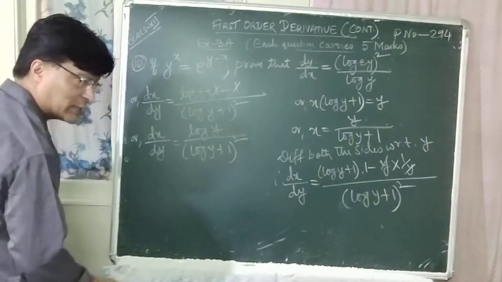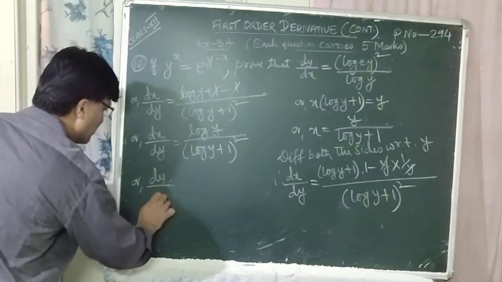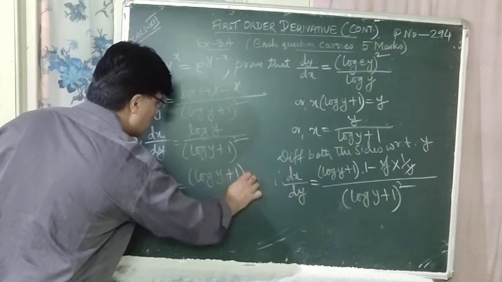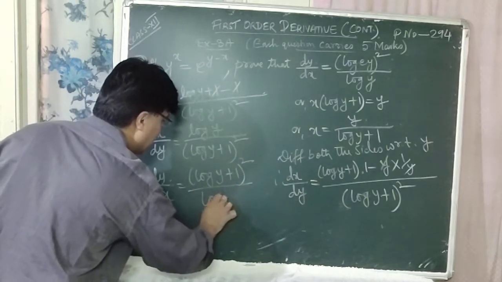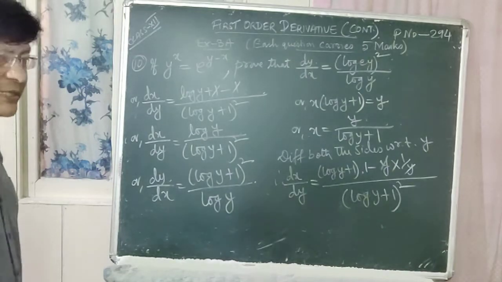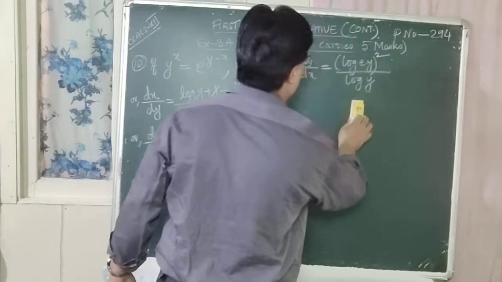Now you can invert both the sides. So inverting both the sides, what do we get? dy by dx is equal to log y plus 1 whole square divided by log y. That means we are inverting both the sides. Now how will you prove the required result?